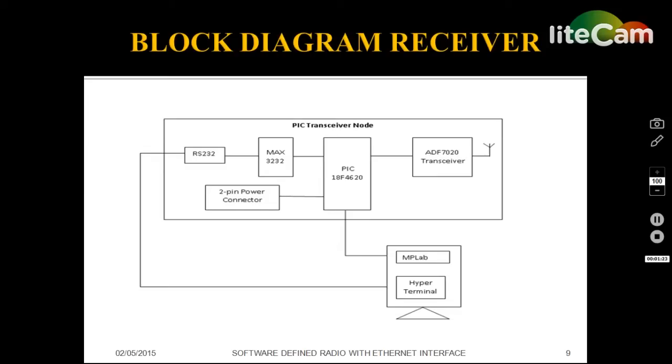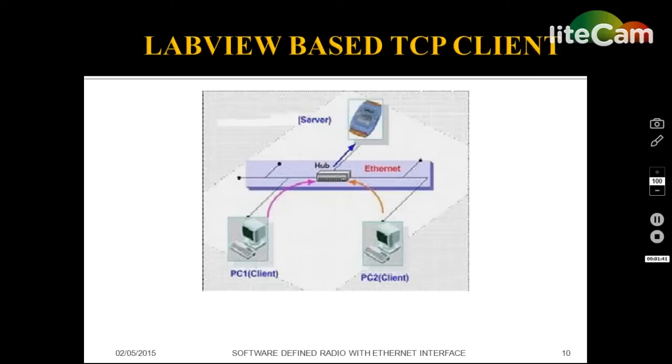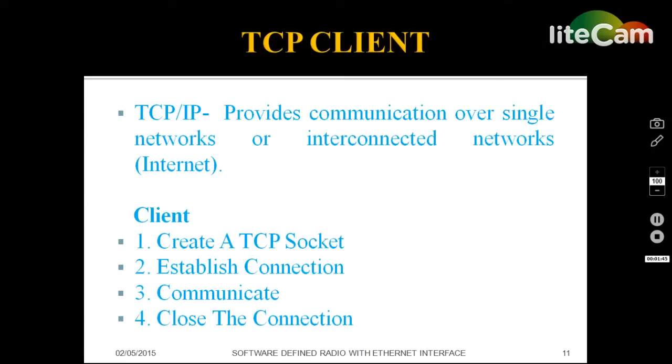Based on the transmitter and the receiver frequency settings, this module can receive the data transmitted by the transceiver node, and the same can be seen in the hyper terminal of the PC using RS232 connector pins.